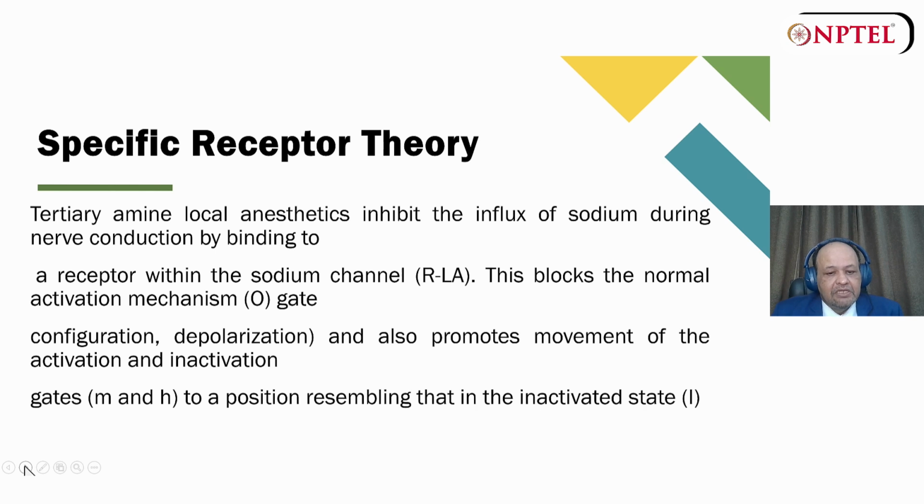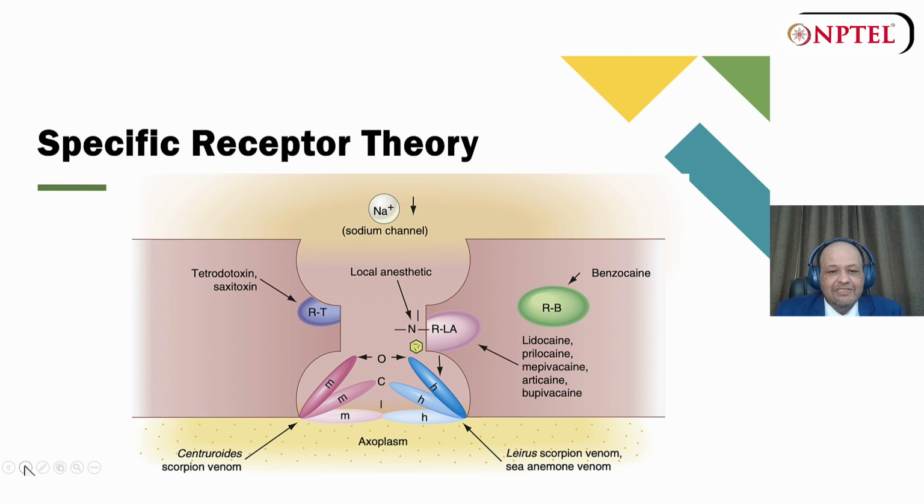The gate configuration also promotes the movement of the activation and inactivation gates, leading to a position that resembles the stage of an inactive gate. So this illustration shows you how the sodium channel is prevented from the sodium getting inside by the local anesthetic, which acts on specific receptors, such as lidocaine, prilocaine, mepivacaine, articaine, and bupivacaine.